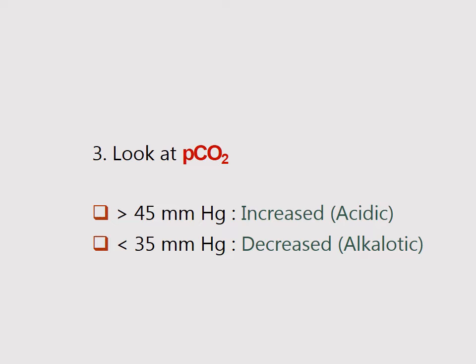CO2 is acidotic. Once it is increased, it will cause acidosis, but when it is decreased, it will cause an alkalotic effect. A normal value of PCO2 is easy to remember, as the normal pH was 7.35 to 7.45. Just remove the 7 and you know that the normal PCO2 value will be 35 to 45.